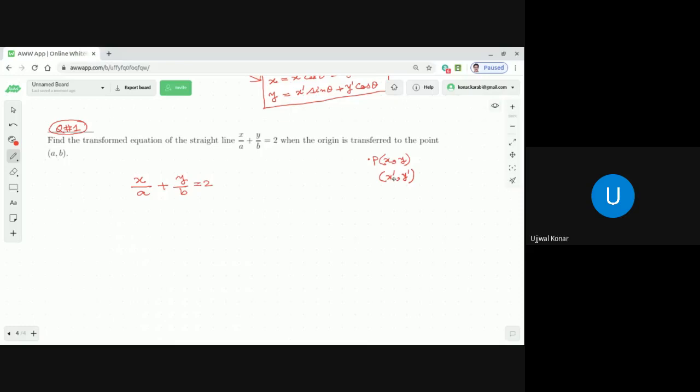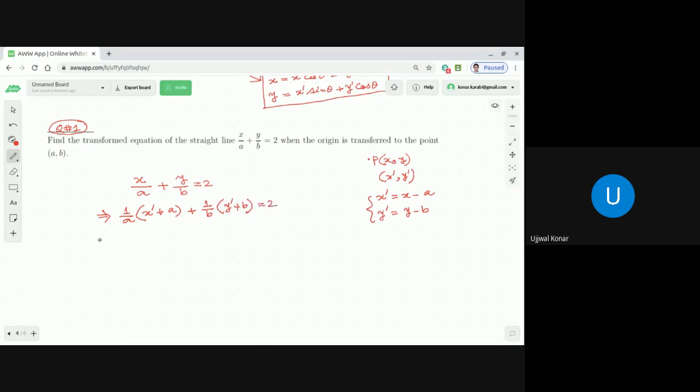So what do we know? We know that x dash is equal to x minus a, and y dash is equal to y minus b. So from these two, what can we conclude? This implies 1 by a, what is x? x becomes x dash plus a, plus 1 by b, y is equal to y dash plus b, that is equal to 2.